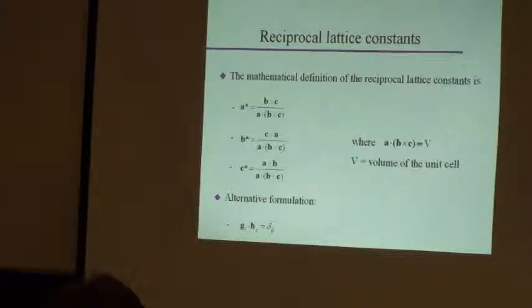Your reciprocal lattice constant A star you get by taking the cross product of the vectors B and C in real space and dividing by the unit cell volume. Now the unit cell volume you get by taking the cross product of two vectors and doing the dot product with the third vector.